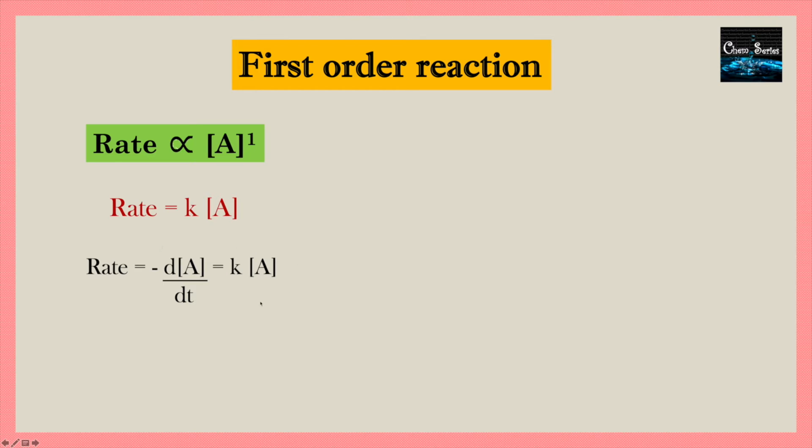Now take only these two terms and rearrange it, like all the concentration of the reactant is on one side and your negative sign over that side. So my dA by A is equal to minus k dt.